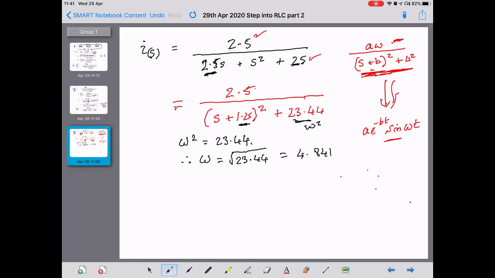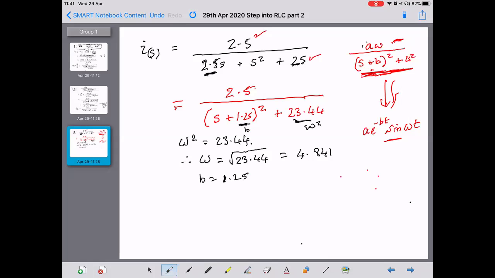Then what we can do, this bit on the top here, we know b is equal to 1.25.